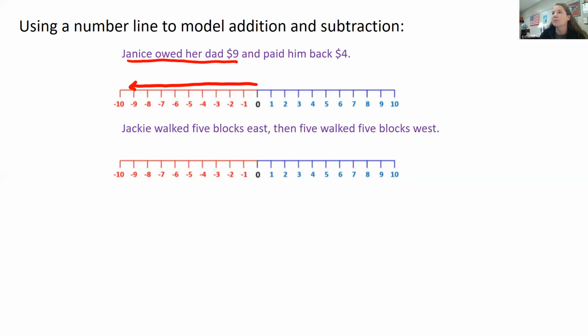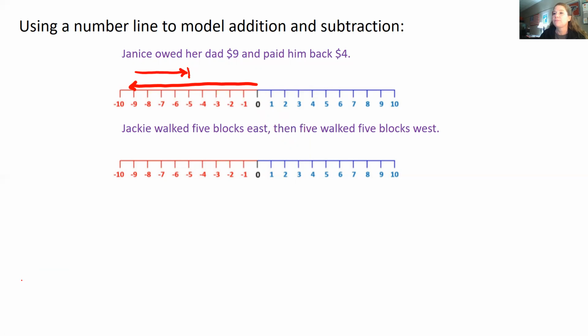We're in debt $9, but then she paid him back from here. She pays him back $4. So if I start at -9 and I increase 4, that would put me here, basically -5. So even though she paid her dad some money, she still owes him $5. She's still in debt to him $5. So that's how I would show that on this number line, okay?